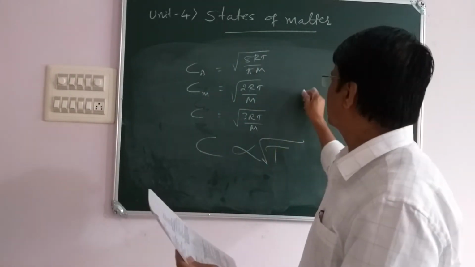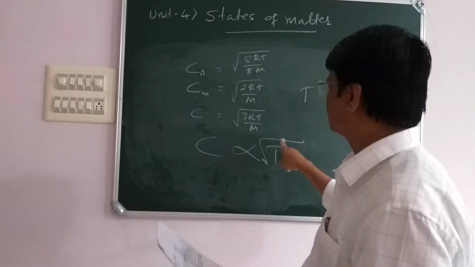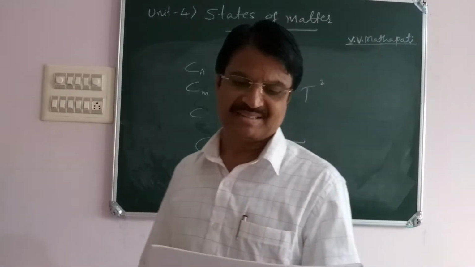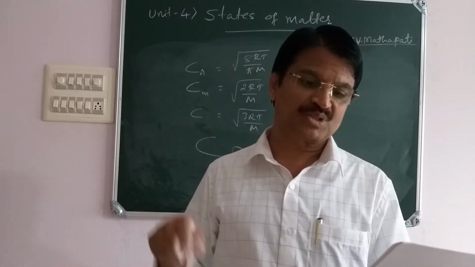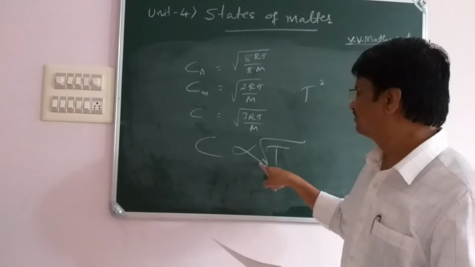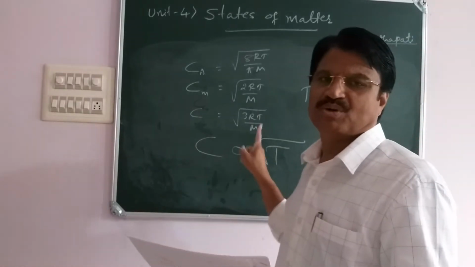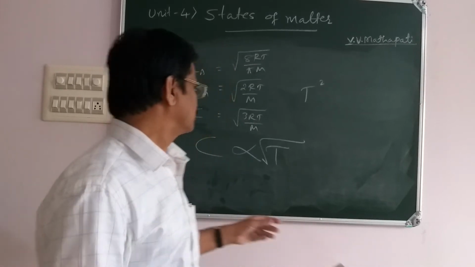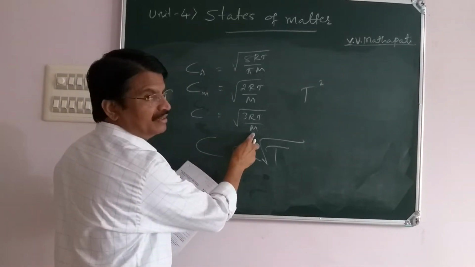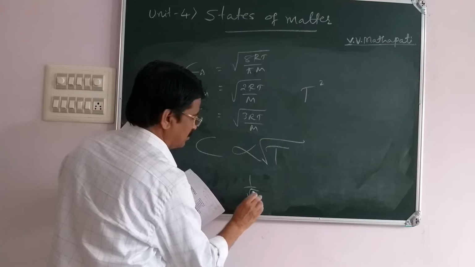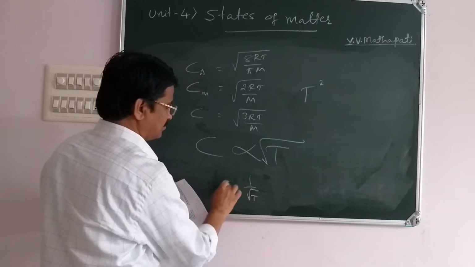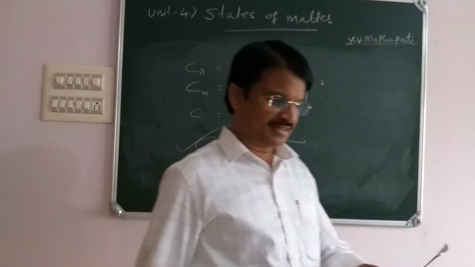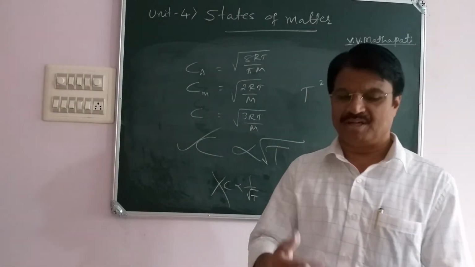Square is this type, but it is a square root, so this is wrong. Third, directly proportional to square root of temperature. Fourth, inversely proportional to square root of temperature. That's why the third option is correct.